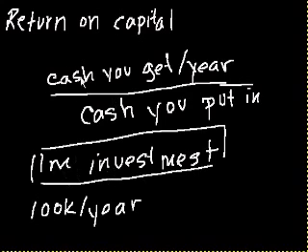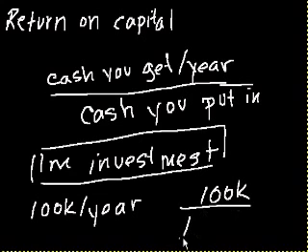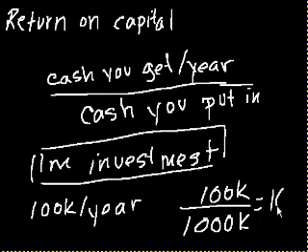So in this situation, my return on capital, the way I've defined it, is $100,000 divided by $1 million, which equals 10%. Pretty straightforward. You're probably saying, Sal, this is silly. Why are you wasting my time? Well, maybe it is. But I think you'll find that this is going to lay a foundation that will eventually blow your mind. So let's keep going.